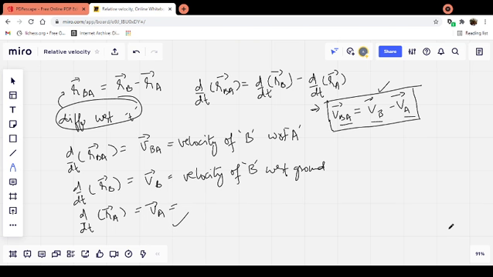That is what this equation is about, and this even extends to acceleration. If we differentiate velocity one more step, we get acceleration. So acceleration of point B minus acceleration of point A.